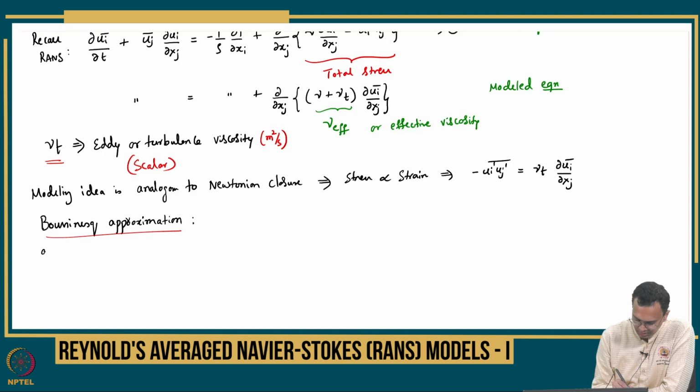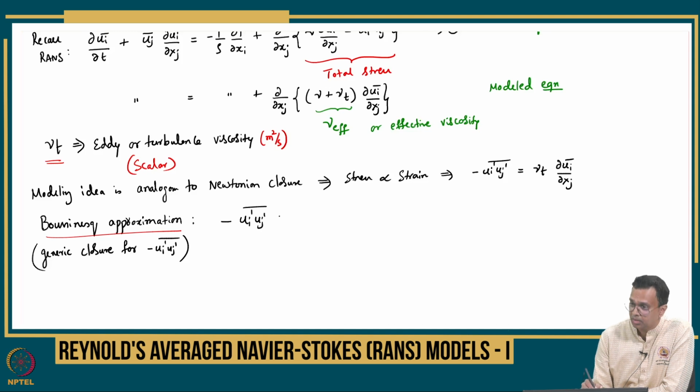Okay, a generic closure for the Reynolds stress term, which is minus ui prime uj prime over bar. This is now being closed using a model.